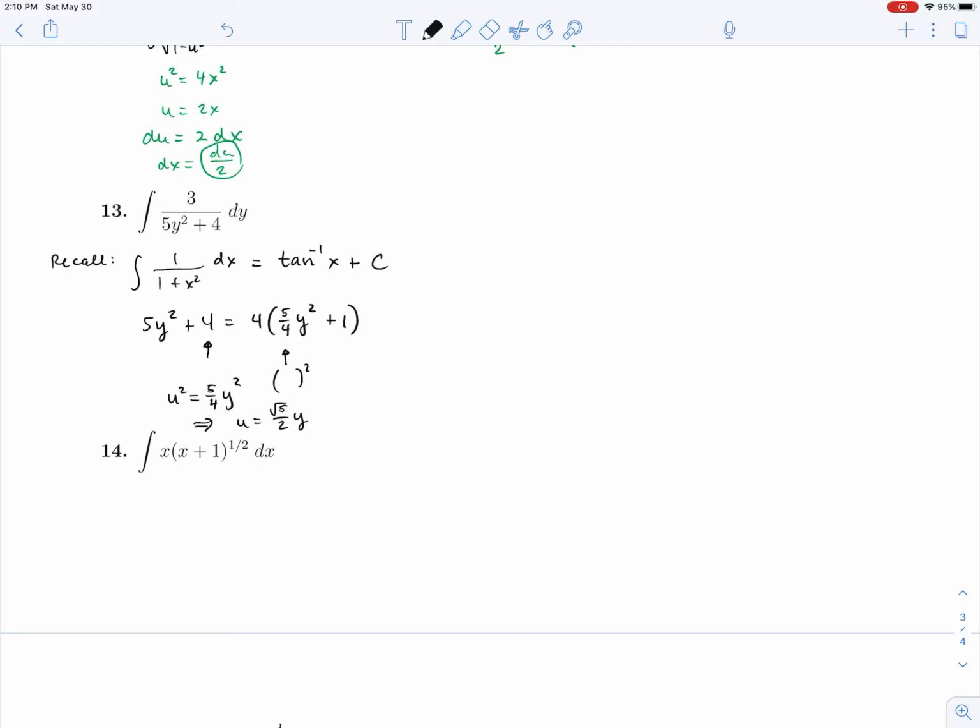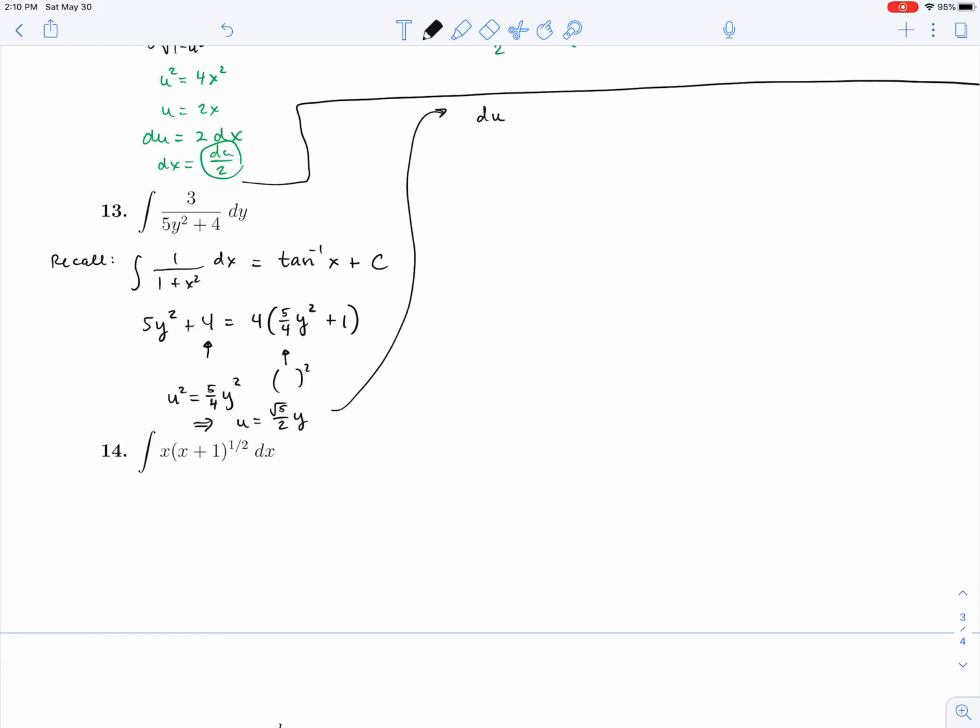Okay. So now du is root 5 over 2 dy, and then dy is du times 2 over root 5. So we're going to have to multiply our integral by 2 over root 5.